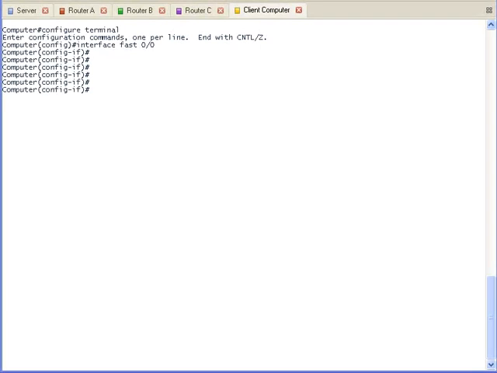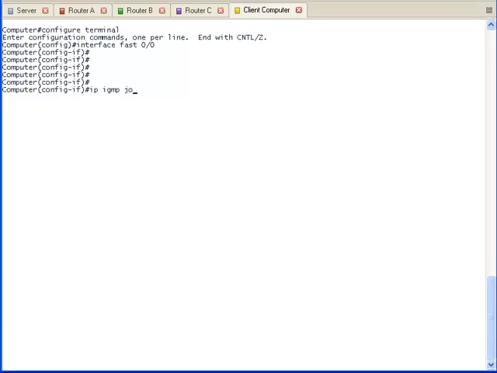Now, let's configure the client computer to receive multicast traffic from 234.234.234.234. We could have picked any address in the multicast range, but that is my favorite for testing.